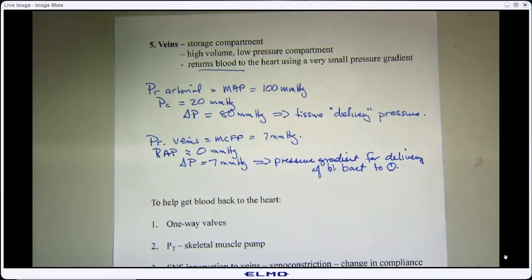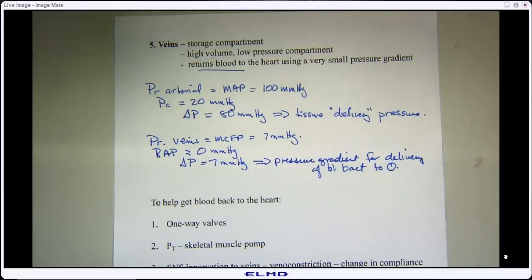So we are very vulnerable to changes in venous pressure. Venous pressure goes up or down a little bit, that's going to pretty dramatically change blood flow back to the heart. Okay, so we don't have to change venous pressure by 20 millimeters of mercury to get a significant change in flow back to the heart.